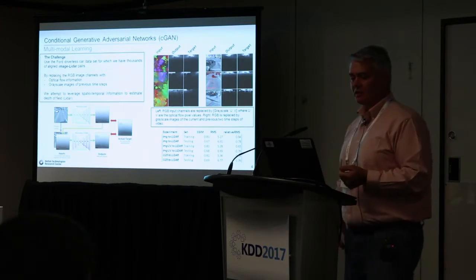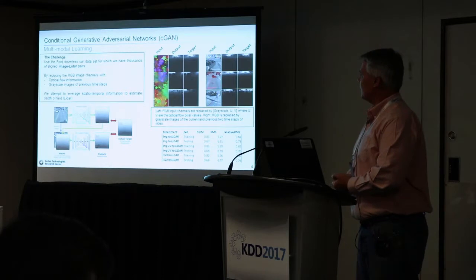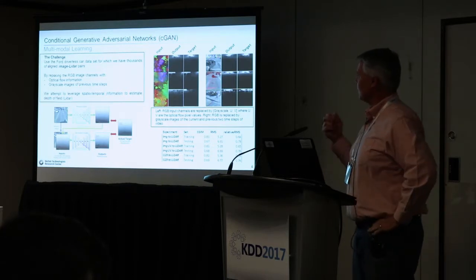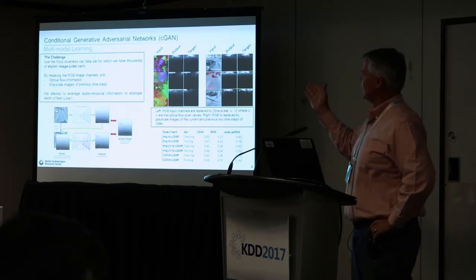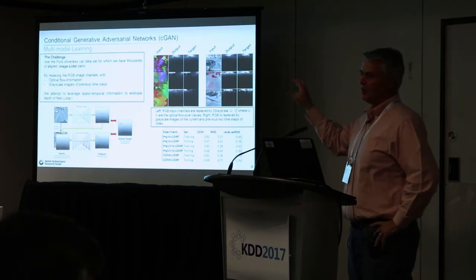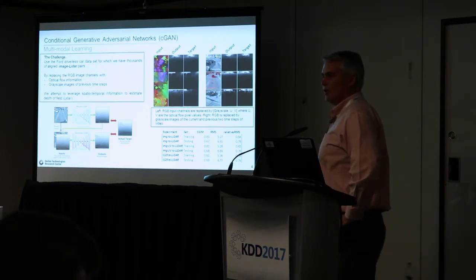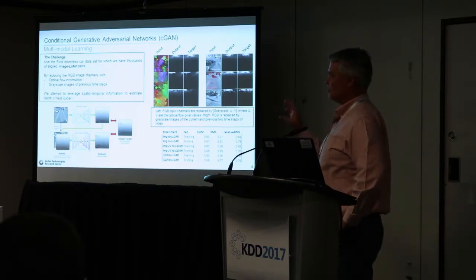So let's take a look first at the multimodal learning. In this particular case, what we were looking at was, instead of just putting the RGB images in and then learning LiDAR, what else could we be putting into this methodology?